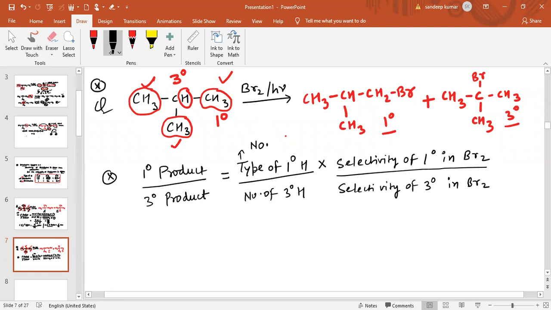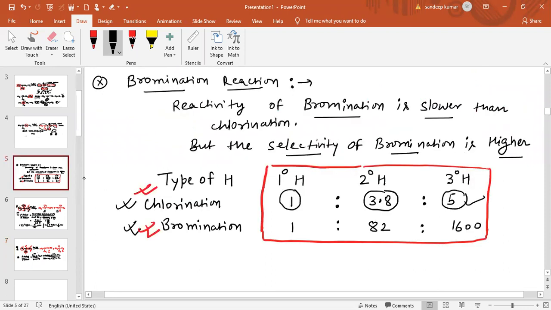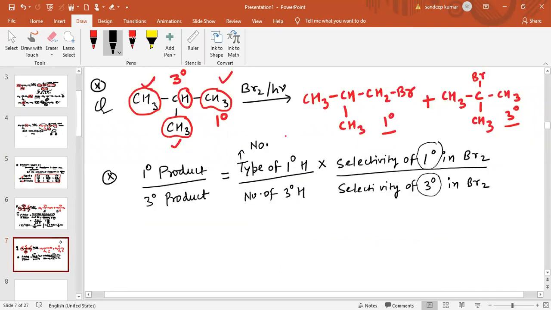Now see, when you look at the selectivity of 1 degree and 3 degree in case of bromination, the selectivity of 1 degree is 1, while the selectivity of 3 degree is 1600. Now see the question. How many 1 degree hydrogen atoms? 3 plus 3 is 6, and plus 3 is 9.